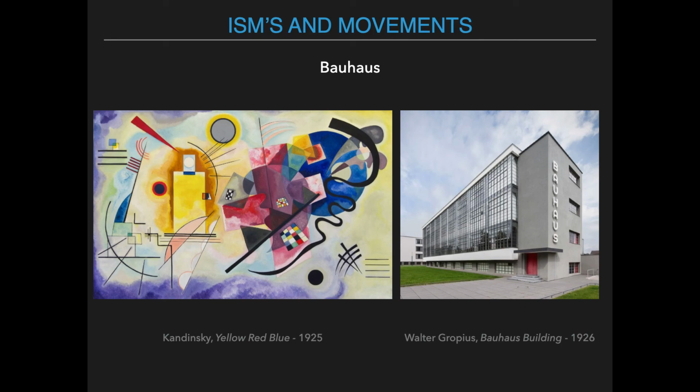And this movement or this style of the Bauhaus is what pretty much every art program, art school is designed by now. If it wasn't for the Bauhaus, we might not have the same structure of class that we're doing right now.